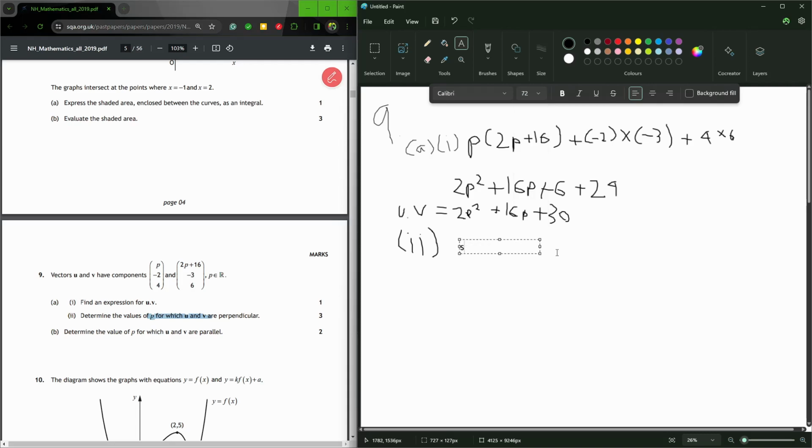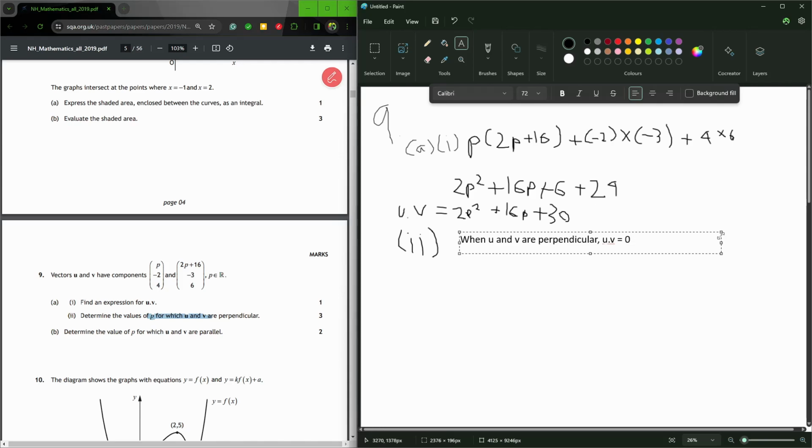There we go. So you can just say, when u and v are perpendicular, extend this out way over here. Everyone's favorite Microsoft Paint, ain't it? Thanks for autocorrect. You can say that u dot v equals 0.